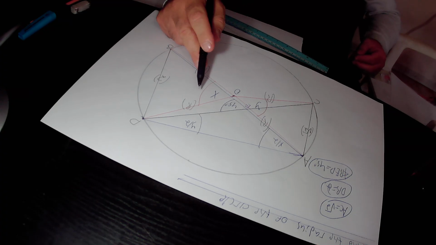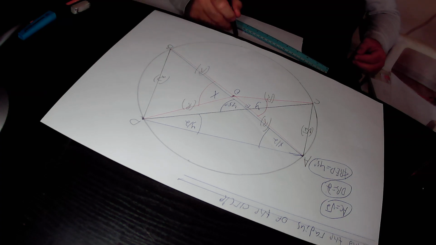Side OD equals R, the radius of this circle, that is the radius we are looking for in this question.